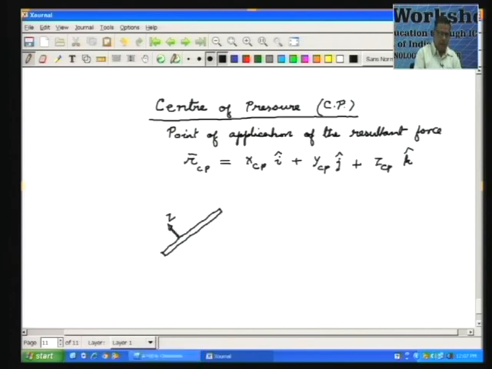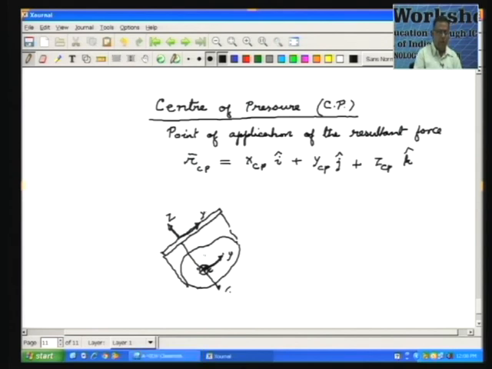Okay. And if I draw the other view, I am taking an arbitrary shape. This could be a rectangle, triangle, circle, whatever it is, and we had a coordinate system. Of course, this is not to scale, where this is the centroid. Now, center of pressure may be somewhere which is not the centroid. So, this is x and this is y, and this y is parallel to the inclined surface. Okay.